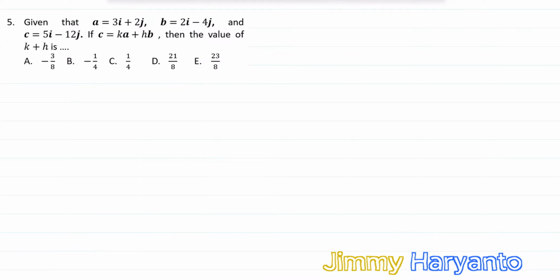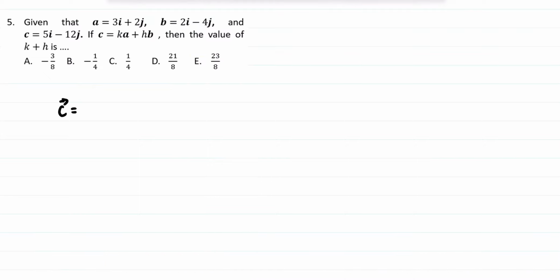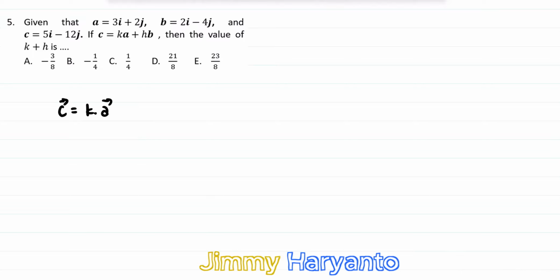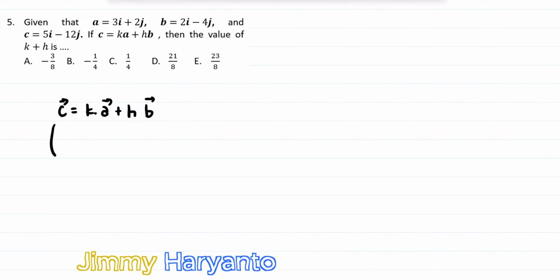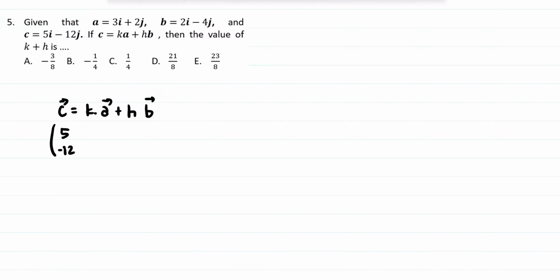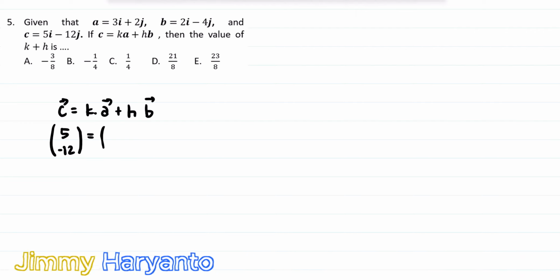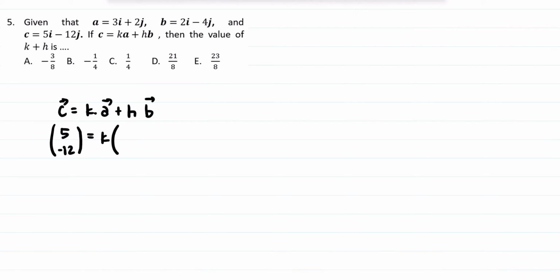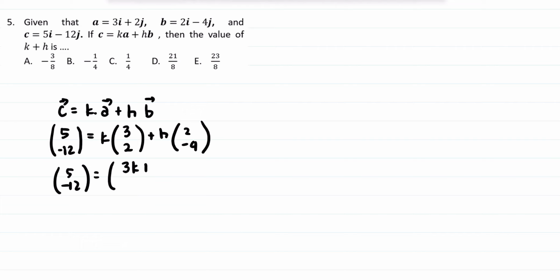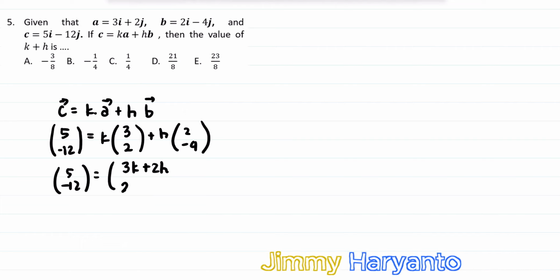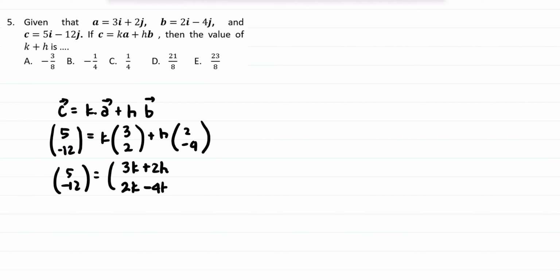Next, question 5, we have c equals k times a plus h times b. So we only have to input the value of the vector c, (5, negative 12), and then this one is k times (3, 2) plus h times (2, negative 4). And then let's simplify the right hand side. You'll have 3k plus 2h, and then this one is 2k minus 4h.